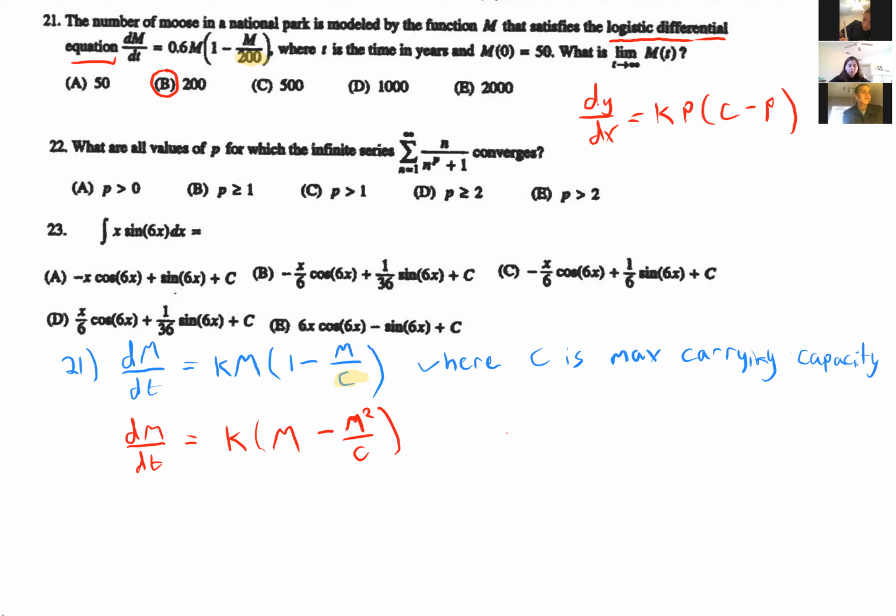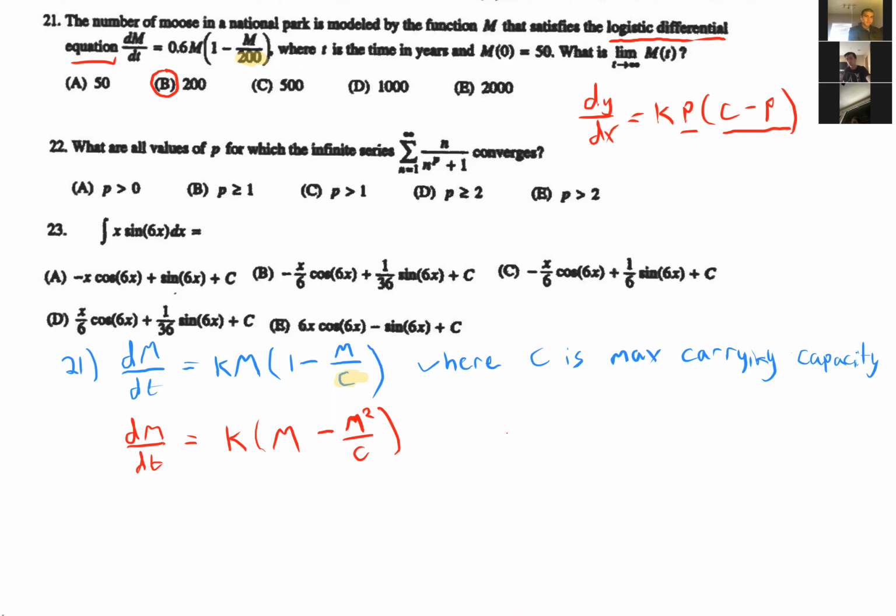So it's always going to increase because the population is always positive. And if you take the maximum carrying capacity, that's always the most it can be. And you subtract the current population, that's always going to be positive because P can never be bigger than C if C is the maximum carrying capacity. So a positive times a positive is going to make your rate of change positive.